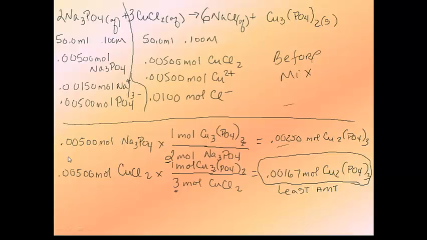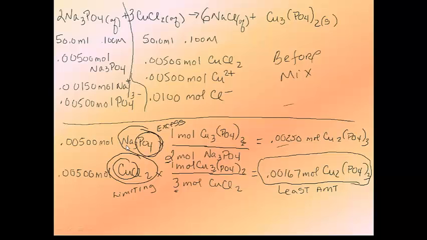That means that the copper in this compound is my limiting reactant. The chloride is a spectator. That means that the phosphate in this reactant is in excess. The sodium is a spectator.